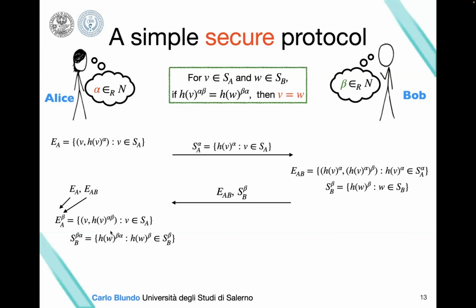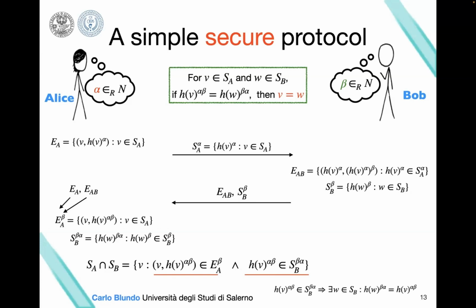At this point, you can see there are two sets where the hashed values are encoded by alpha and then by beta. And if we recall this property, then Alice can easily compute the intersection between SA and SB. So the protocol follows the line of the simple protocol, which is insecure.